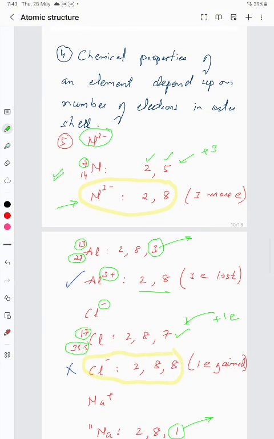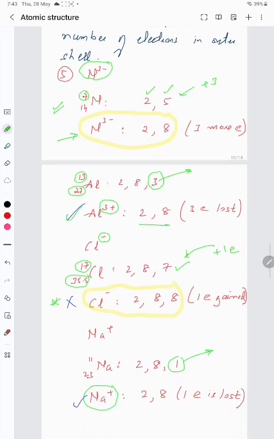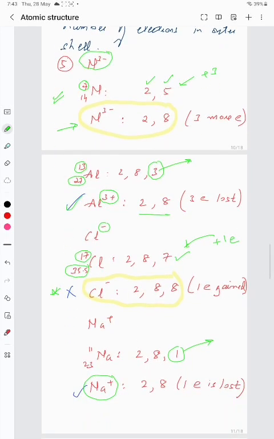Al3 positive is matching, so you are not interested in this. Cl negative is not matching, so of course this is your choice. You are looking for this. And Na positive is also matching.